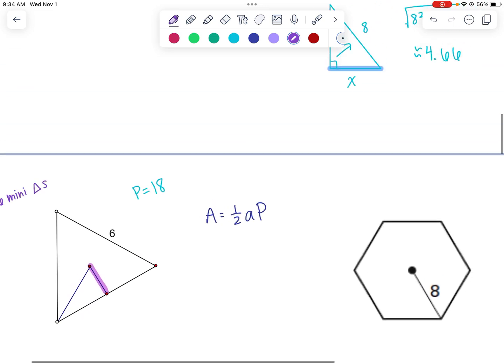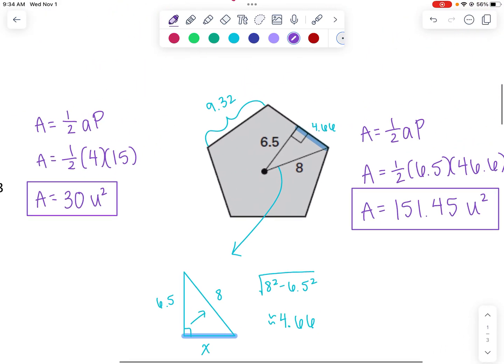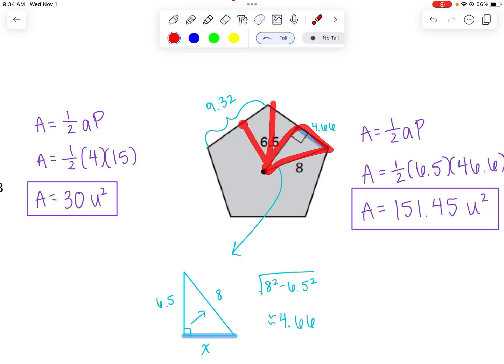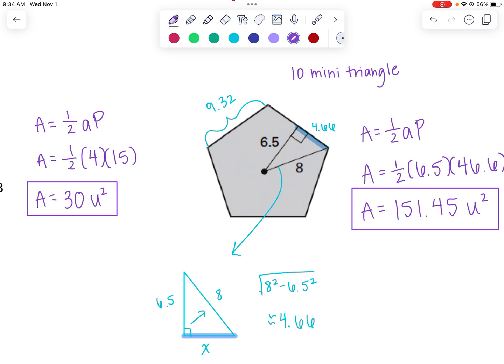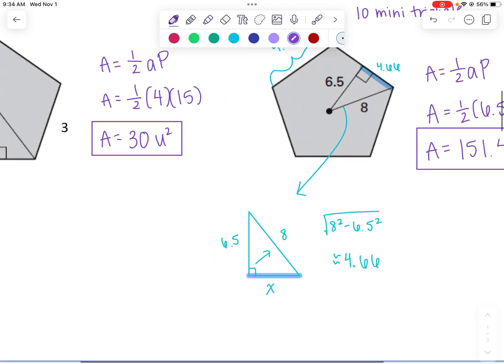And I'm just going to go back and show you real quick on another one. Again, this pentagon, how many of these mini triangles could I fit inside? There's 1, 2, 3, 4, 5, 6, 7, 8, 9, and 10. So this pentagon had 10 mini triangles. So like 5 times 2 would tell you 10 mini triangles.